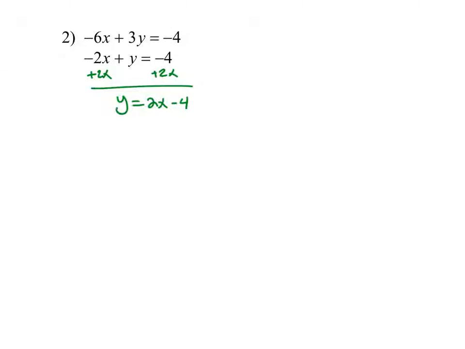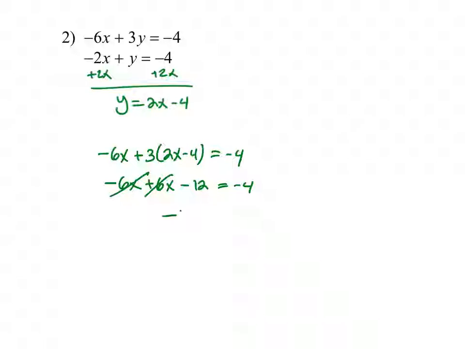Now I'm going to substitute that in the first one: negative 6x plus 3 times (2x minus 4) equals negative 4. So negative 6x plus 6x minus 12 equals negative 4. These two cancel out, and I have negative 12 equals negative 4, which as we know is not true. So in this case, we have no solution.